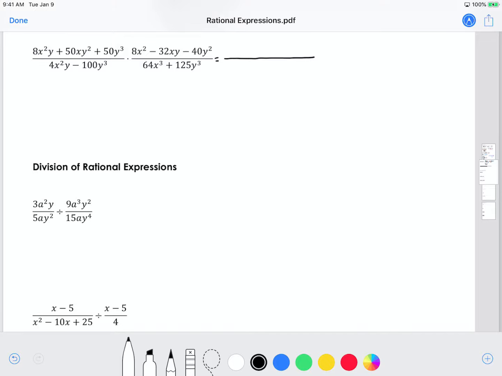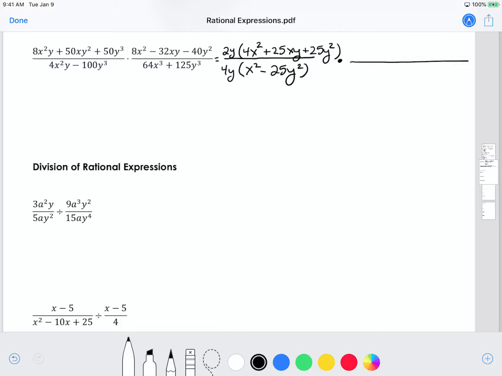In the first fraction, I can factor out a 2y, and what's left over would be 4x squared plus 25xy plus 25y squared. In the denominator of that fraction, I can factor out a 4y, and what I would have left over would be x squared minus 25y squared.